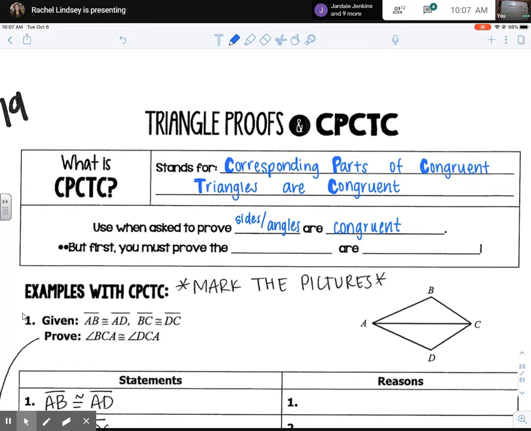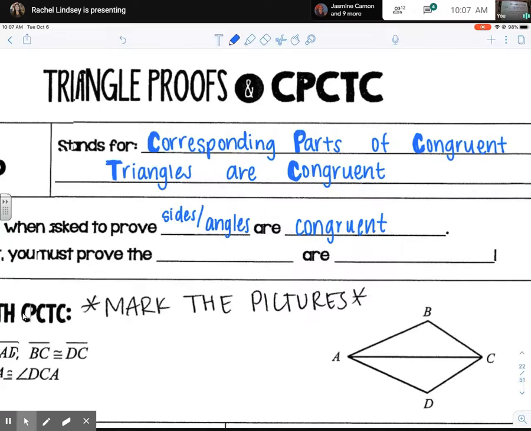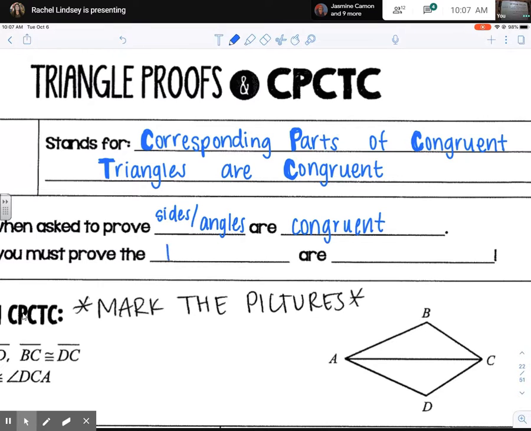But before you can do that, you have to prove that the two triangles are congruent. So really, you're just proving two triangles are congruent every time, except this time has one extra line that's pretty much already given to you.